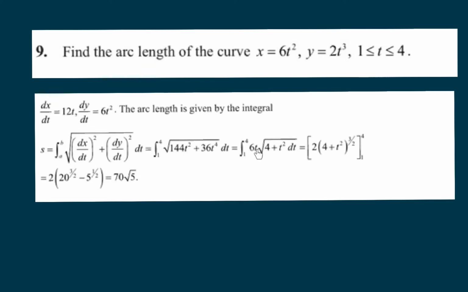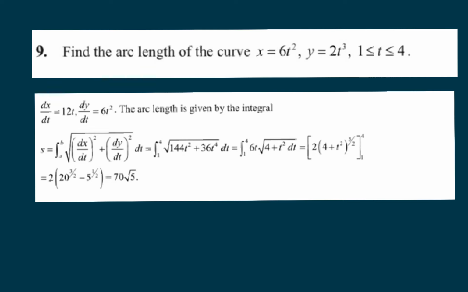So this will be the integral from 1 to 4 of the square root. You take the common factor 36t squared out, and it will be 6t multiplied by the square root of 4 plus t squared. The antiderivative of the 1/2 power of 4 plus t squared is 4 plus t squared to the 3/2, divided by 3/2, so it's 2/3.